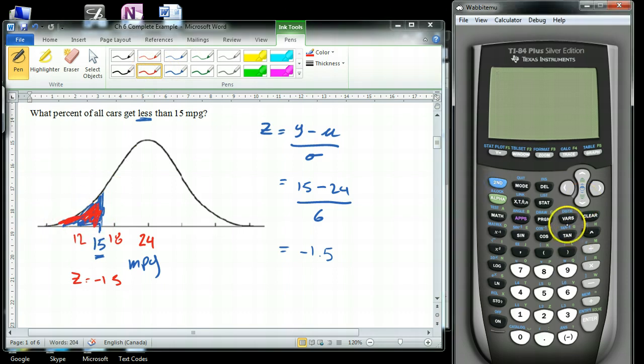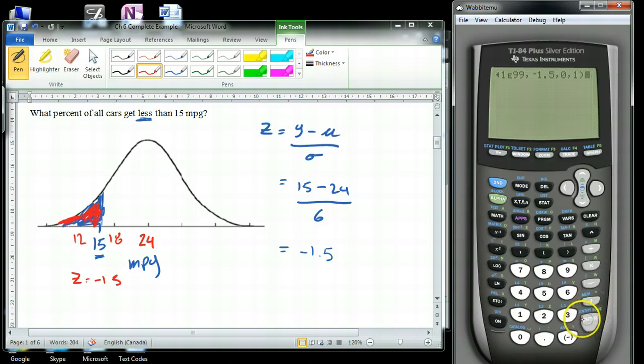You go second function, variables, normal CDF, and my calculator automatically puts the lower bound at a really low number. My upper bound is negative 1.5. If your calculator doesn't show this, you might have to put in negative 99, comma, negative 1.5, comma, 0, comma, 1, and then hit enter.